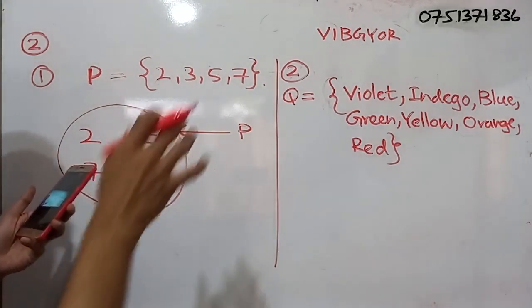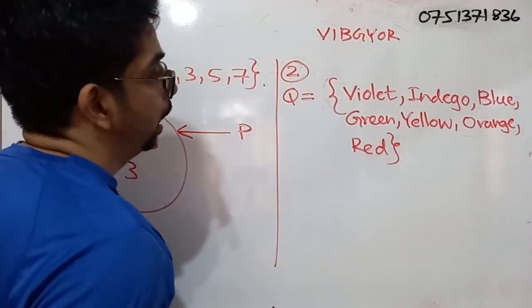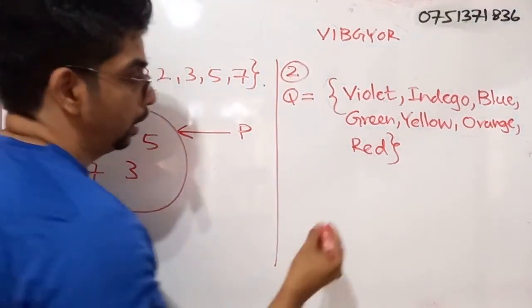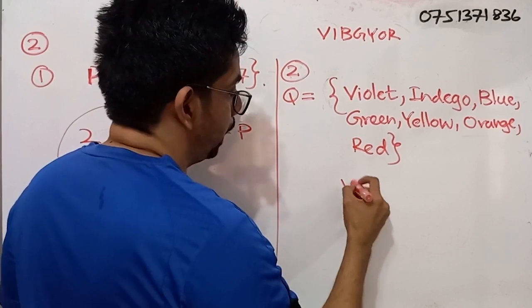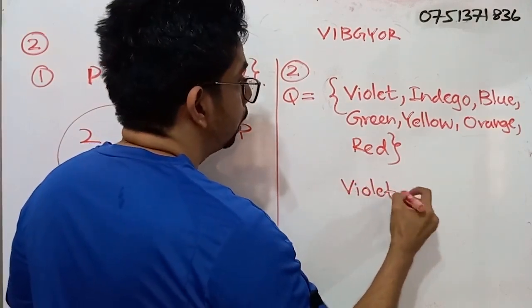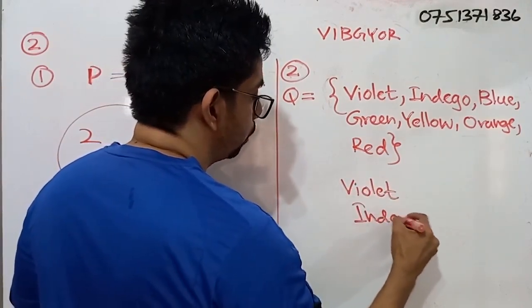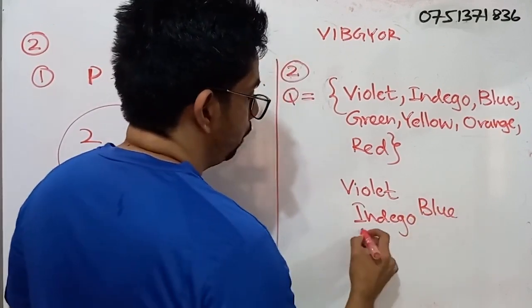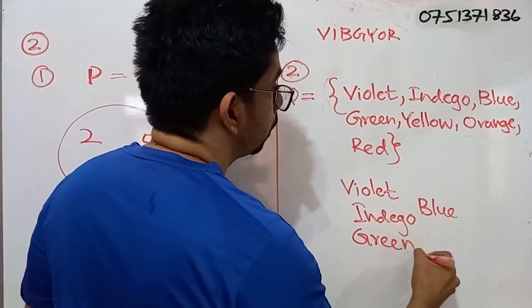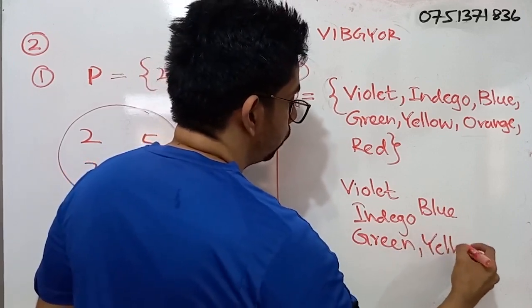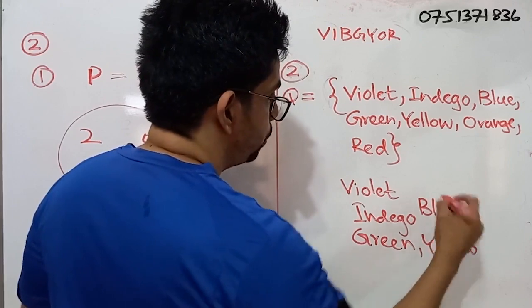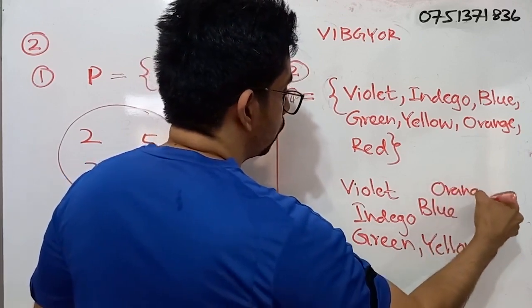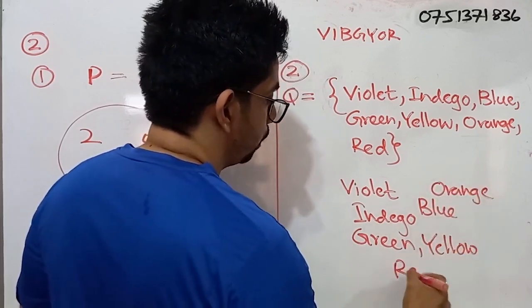Then we have to represent these colors using a Venn diagram. So I will rewrite them again. So we have violet, indigo, right? Then blue. Then we have green. Then we have yellow. Then we have orange. Then we have red.